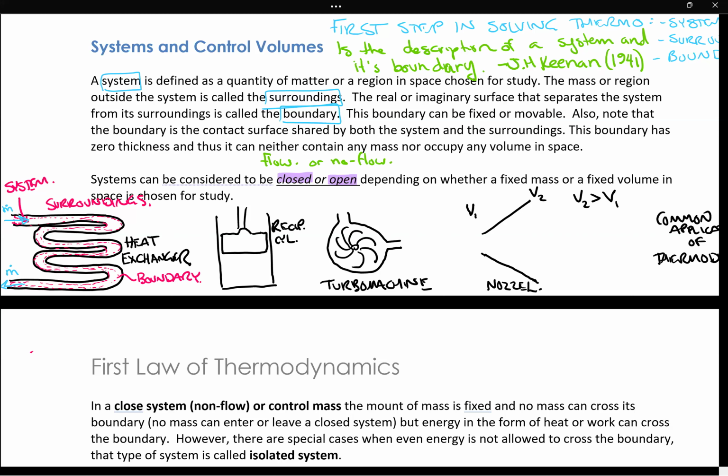Another thing to note here is that there is a volume at the beginning and there's a volume at the end. In this case, volume 1 does equal volume 2 in this system because I don't see anything compressing this.